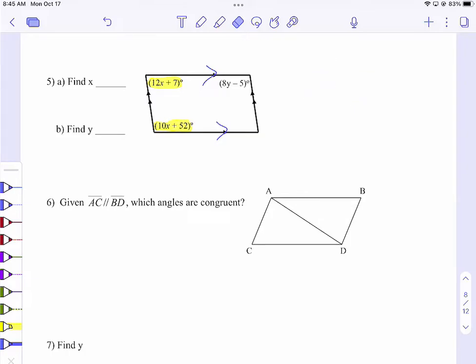It might take people a while to get used to this, but like I said, either they're equal or they add to 180. And you can't be guessing. You have to know. And the ones that make the U shape are supplementary every single time. It all relies on there being parallel lines, but these add to 180.